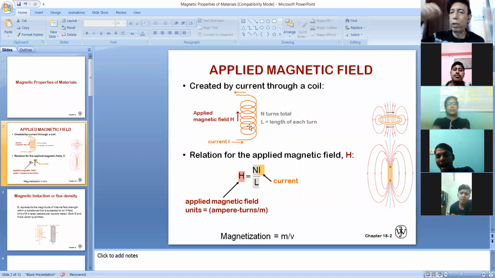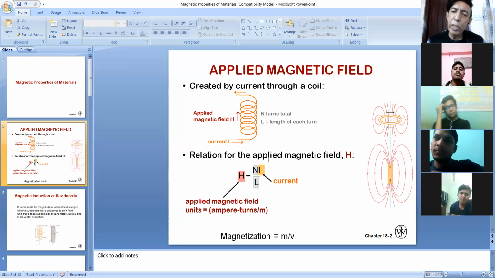So ampere turn on top, and in the lower part L, divided by meter. L is the length, you know the unit of length is meter. So from the definition of H, the unit of H is ampere turn per meter.